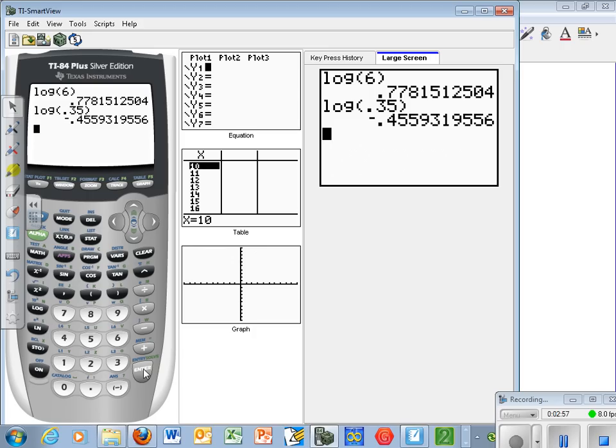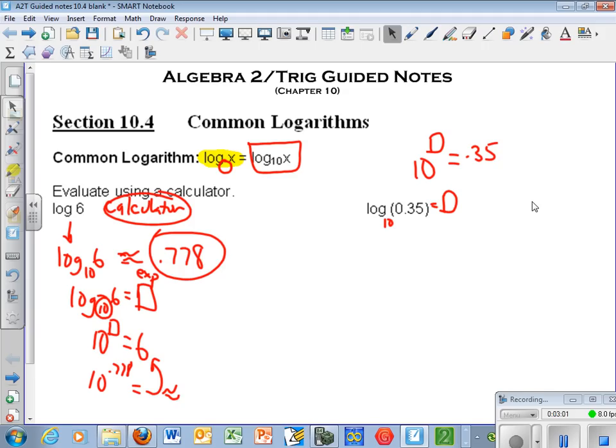And it's negative 0.4559. I'll go to 4 decimal places on this. So this is equal to negative 0.4559, approximately. We do round it off. I would suggest probably 4 decimal places would be best as you go through things here.